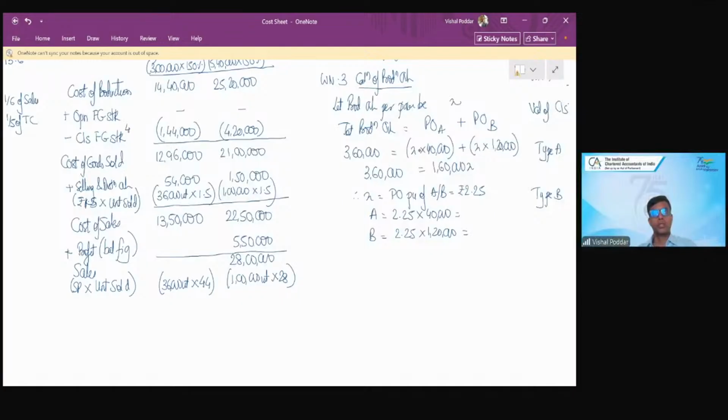So 10% discount. So 1440 plus 10% of 1440 is 1584, if I'm not wrong. Just confirm, students.